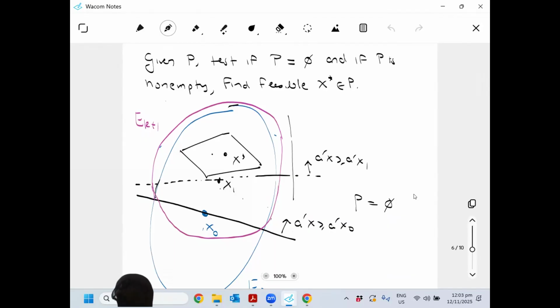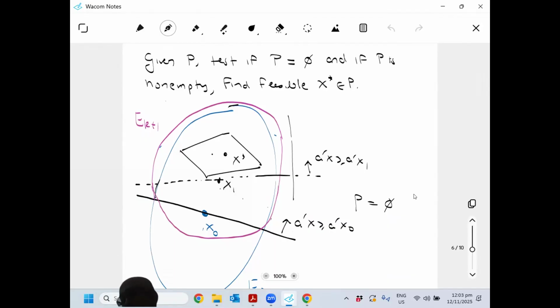The idea is that the first time the center of the ellipsoid is in the polyhedron, you're done. The first time the polyhedron lies in the ellipsoid will be the optimal?